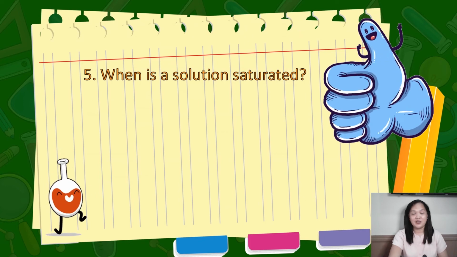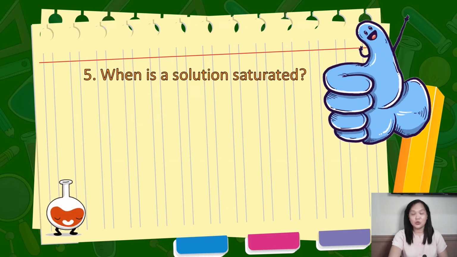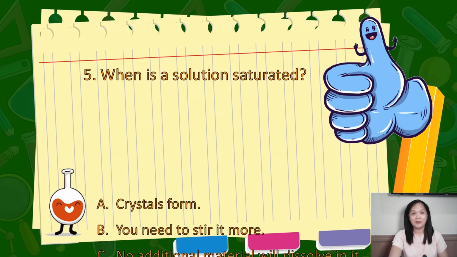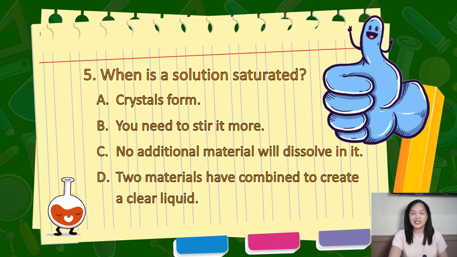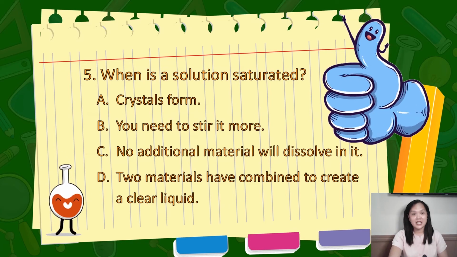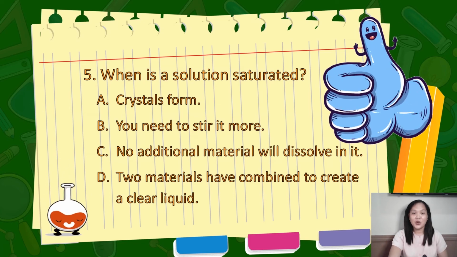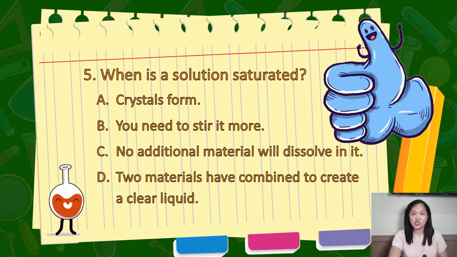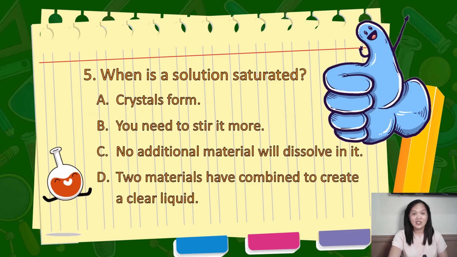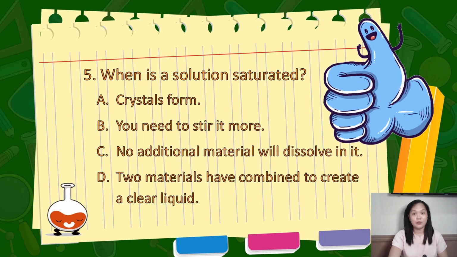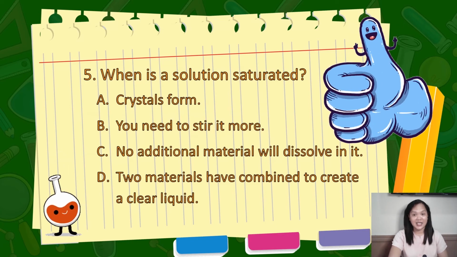Number 5. When is a solution saturated? A. Crystals form. B. You need to stir it more. C. No additional material will dissolve in it. D. Two materials have combined to create a clear liquid.